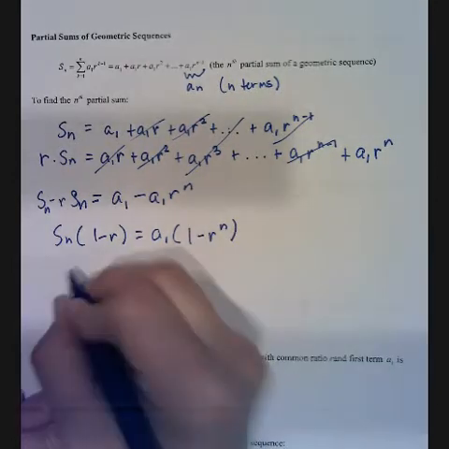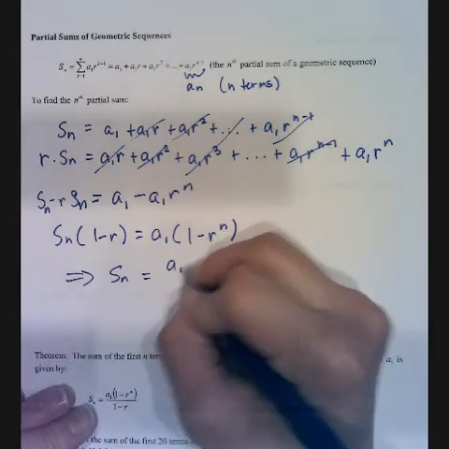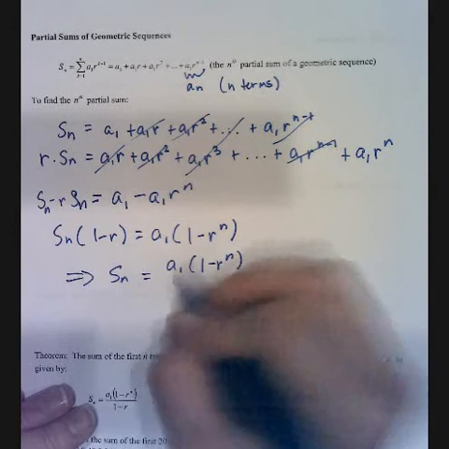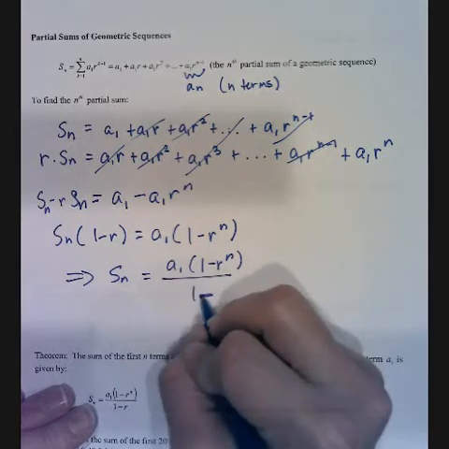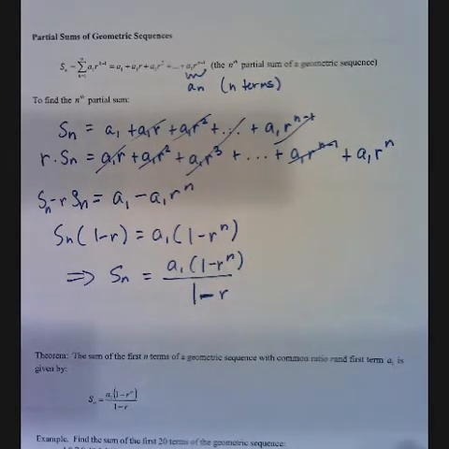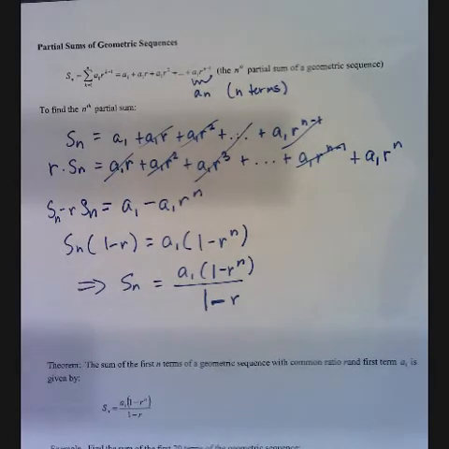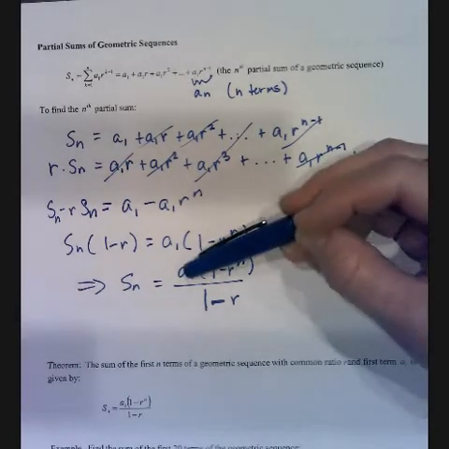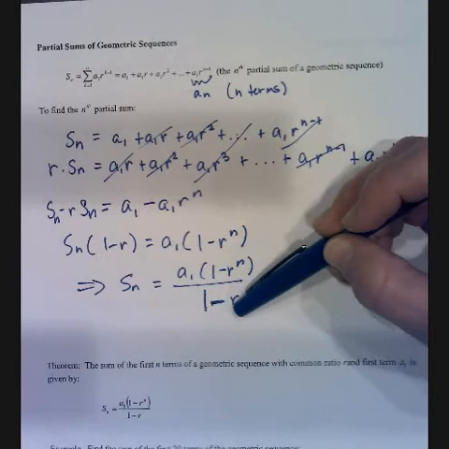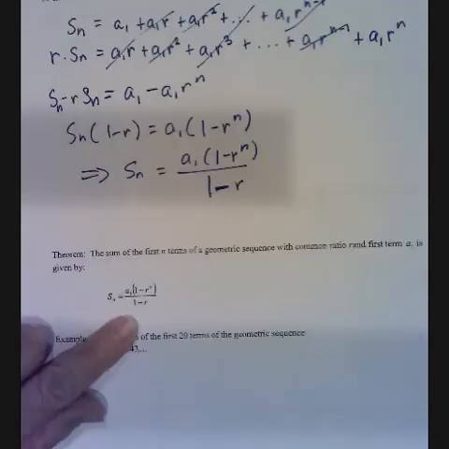That implies that s sub n equals a sub 1 times 1 minus r to the n over 1 minus r. So there is a formula for the nth partial sum where we don't actually have to add up all the terms. We just need to know the first term and the common ratio. And of course, n is how many terms we want to add up. That's the formula we just derived.